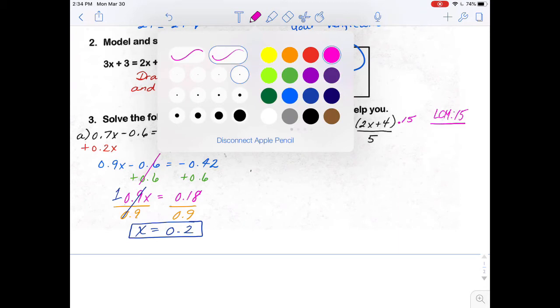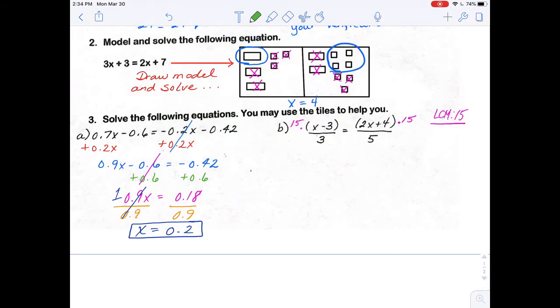Now I can go ahead and cancel out my denominators. 3 goes into 15 5 times, and 5 goes into 15 3 times.